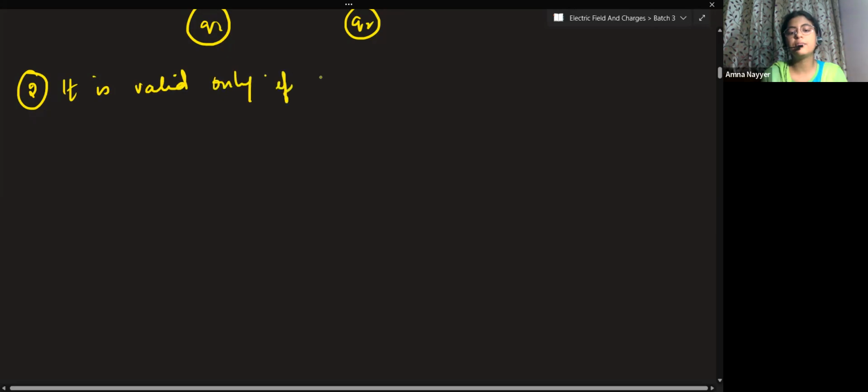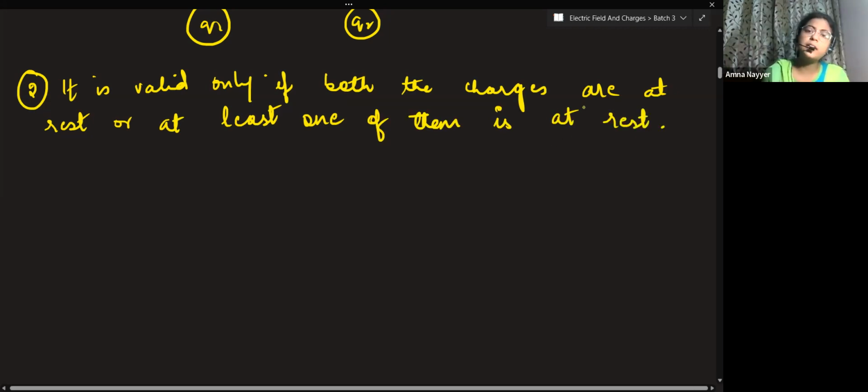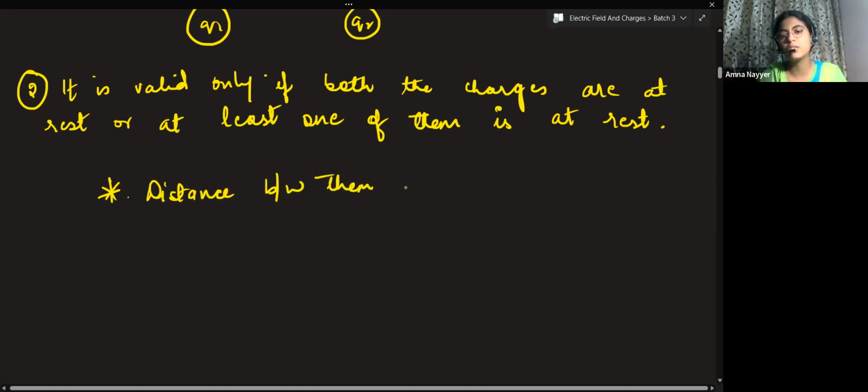It is valid only if both the charges are at rest, or at least one of them is at rest. So when one of them is at rest, what should happen? The distance between the charges should not change. If this condition is satisfied, the distance between them does not change.